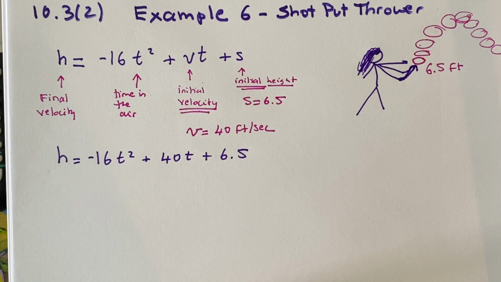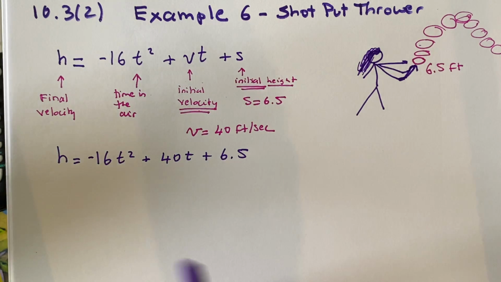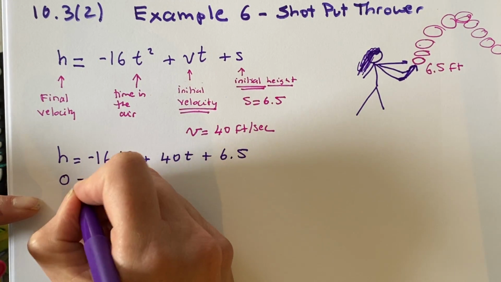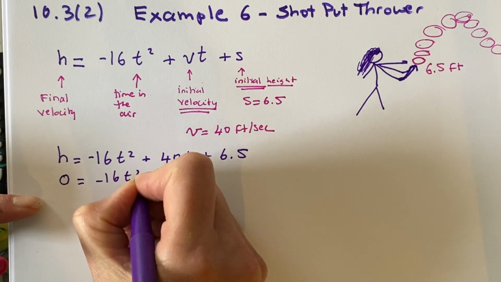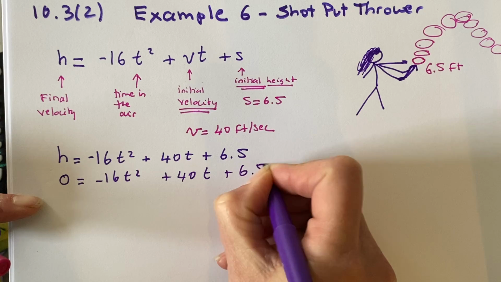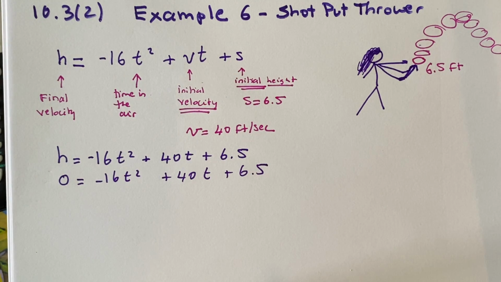So we need to find the value for t if we set this equal to 0. So 0 equals negative 16t squared plus 40t plus 6.5.